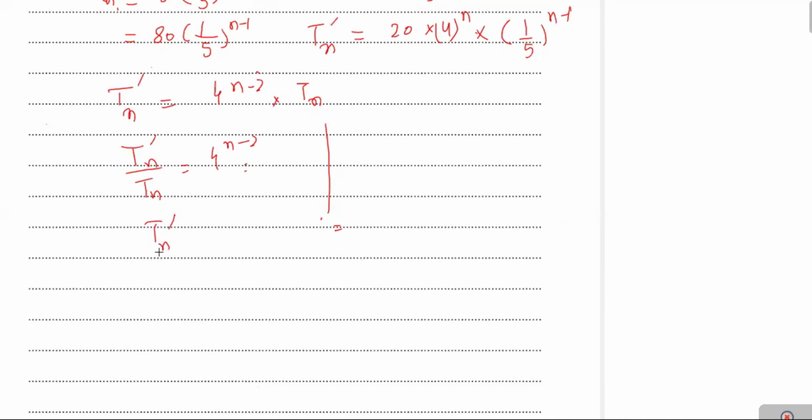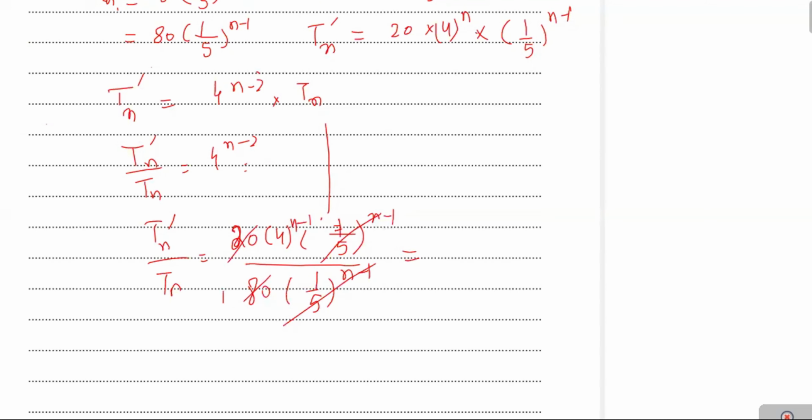The ratio T dash n over Tn will be equal to T dash n, which is 20 into 4 power n into 1 over 5 power n minus 1, over 80 into 1 over 5 power n minus 1. This value will be divided.